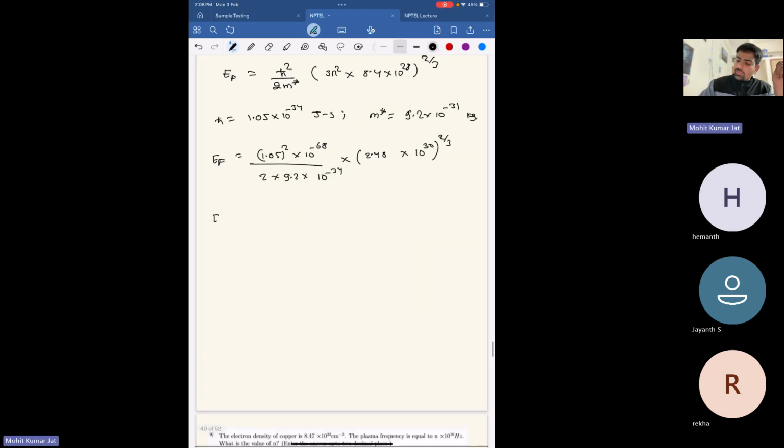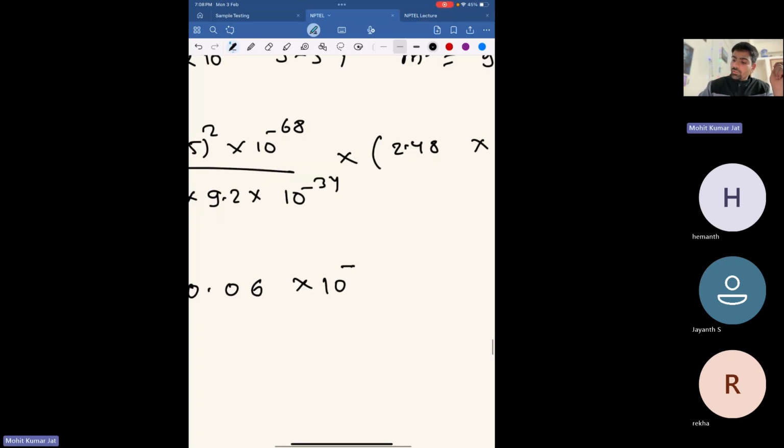My EF is 1.05 times 1.05 divided by 2 divided by 9.2, that will be 0.06 roughly, times 10 power minus 31.